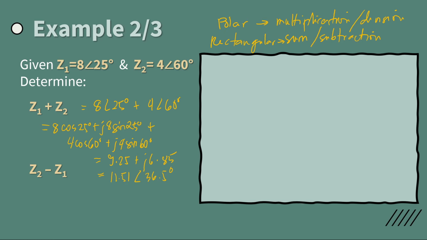So you see how complicated summation is for polar forms. The same is true for the difference: 4 angle 60 degrees minus 8 angle 25 degrees. The same process as above. It's kind of complicated, but yeah, we can do that.